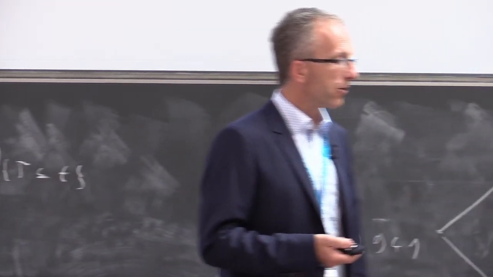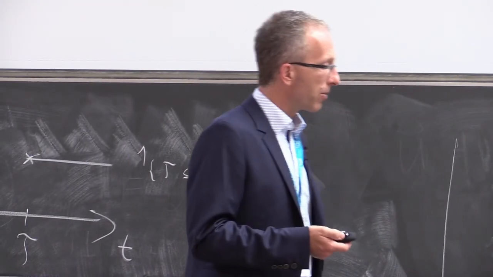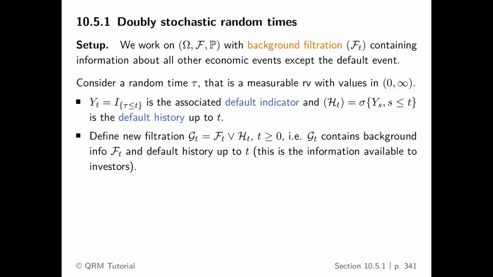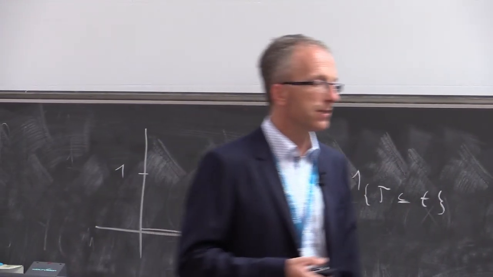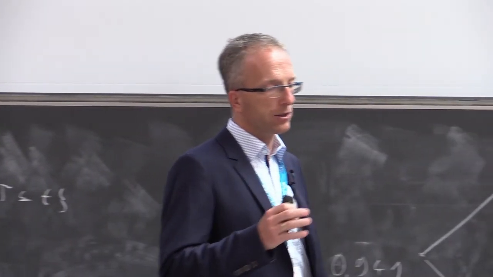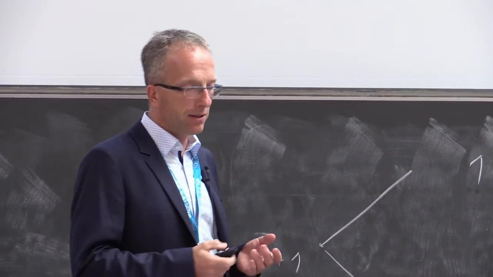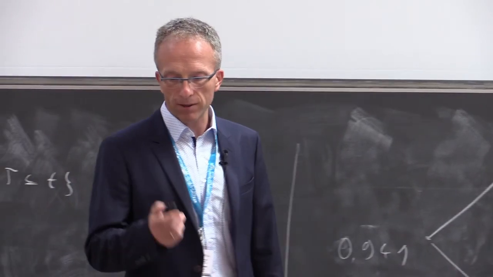In abstract terms, you simply say this process generates a filtration FT, and the FT contains all information about these economic background events except default. And then default is modeled as before by the default time. We have the default indicator, we have the default history, and then we put both things together. The two things together give the filtration GT, and that's just the information about the background process, GDP and interest rates and so on, and the default history of the firm, and that's the information we're having.